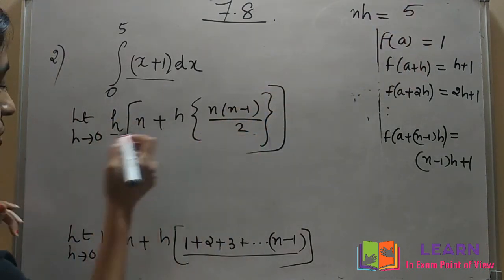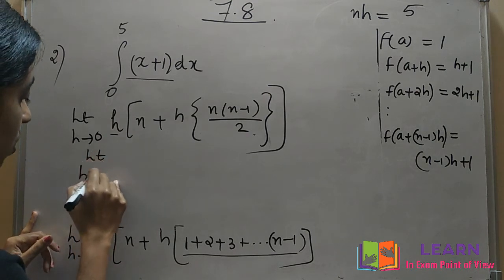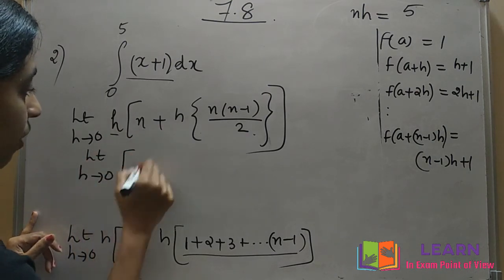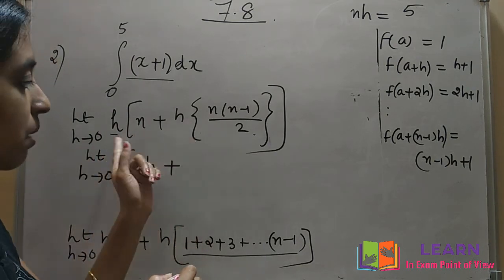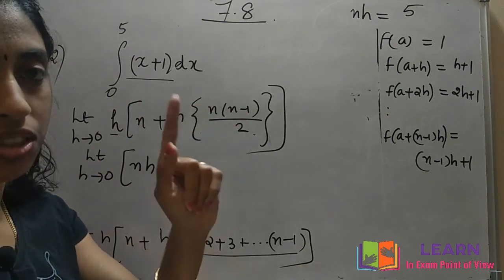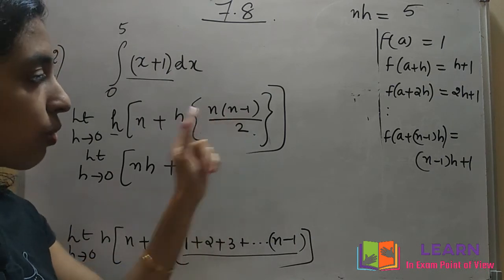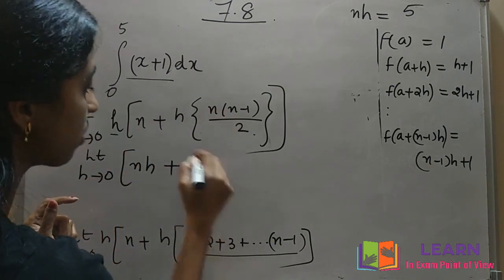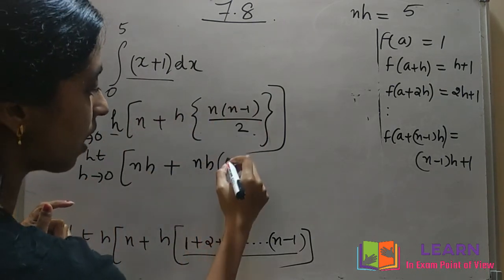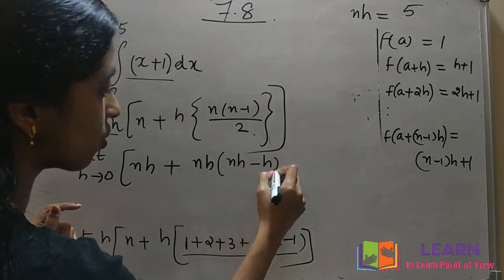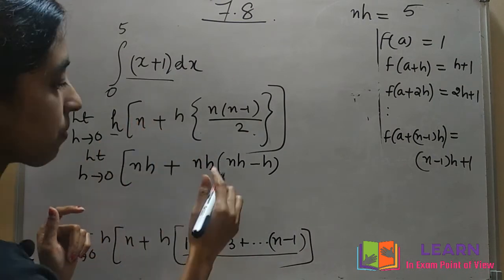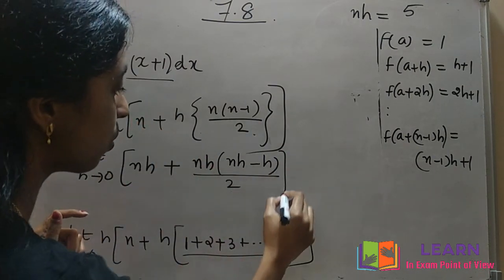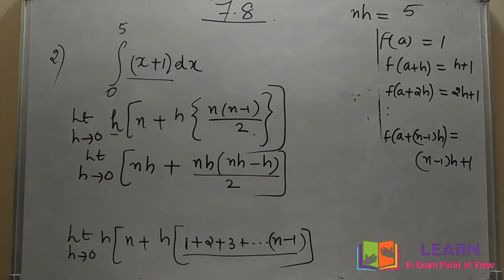So taking h inside, limit h tends to 0, the first term will become nh plus, for each n substitute each h. This h you can give to this n, so nh. This h you take inside, so nh minus h. Fine. By 2. Now what remains?